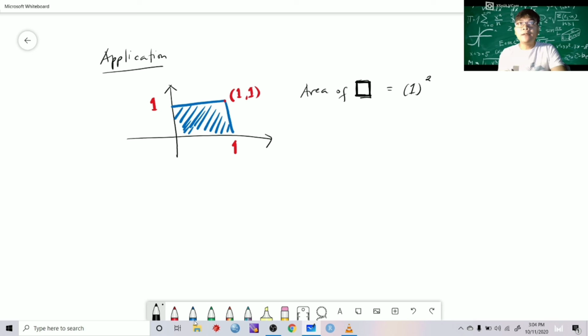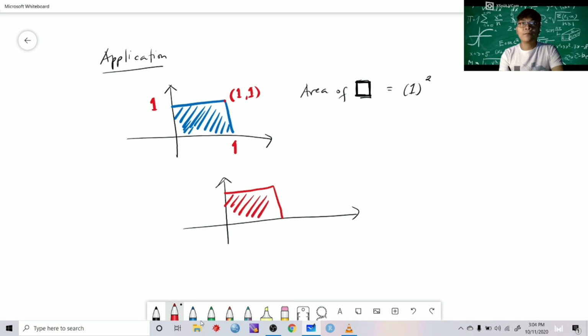Now, let us do another method in getting the area of a square using definite integrals. Let us have a graph again of our Cartesian plane, and let's draw another square. We have here 1, 1, then we have 1 comma 1.